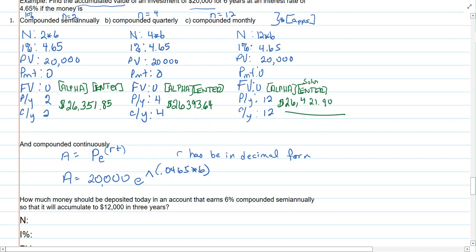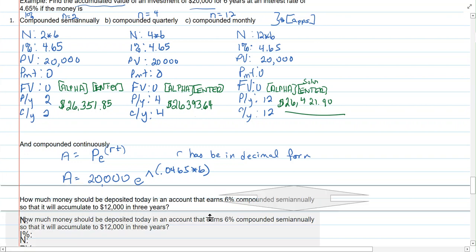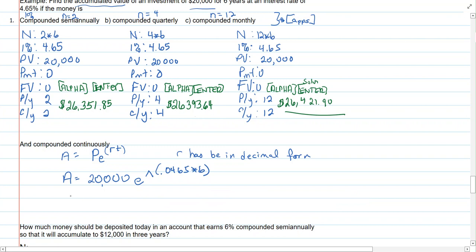All right. So in our calculator, we would enter the 20,000, and we would do the second ln for e to the x. This e to the x, then we would have 0.0465 in parentheses, right?